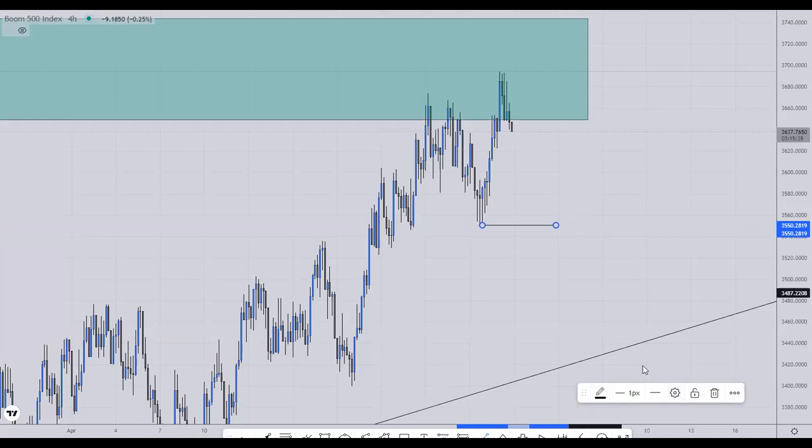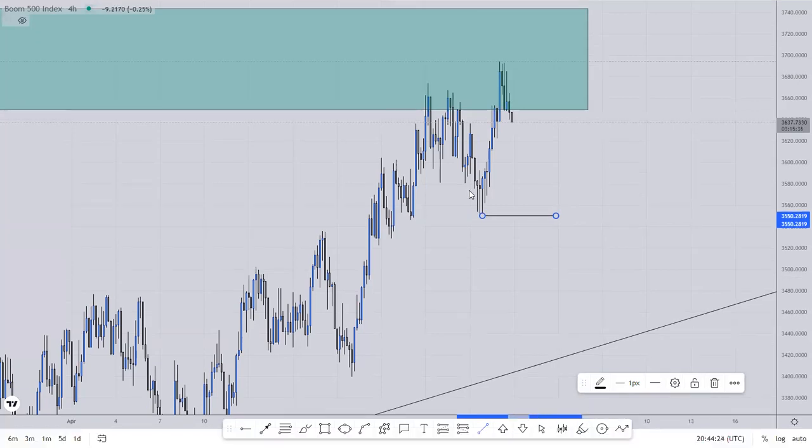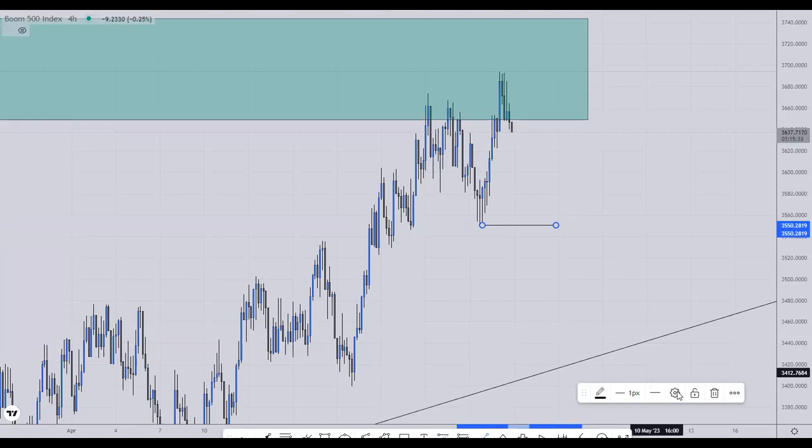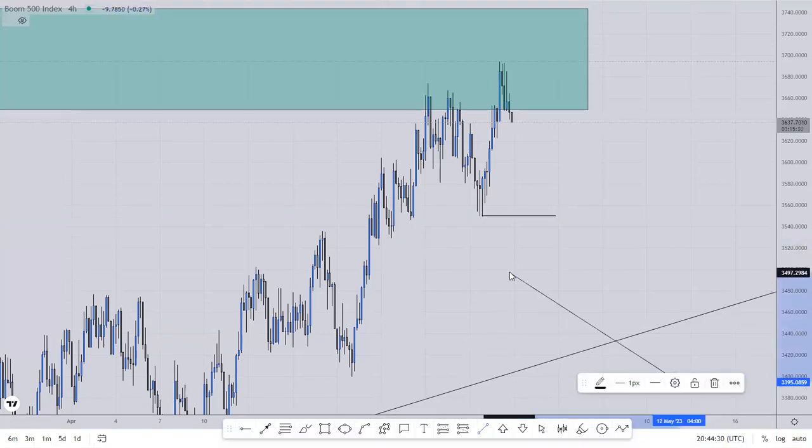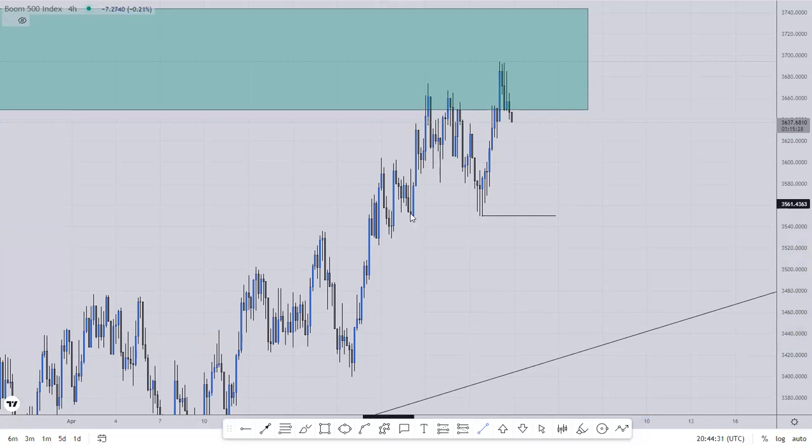Right, so this will be my first target because this is a higher low. So long as a higher low is not broken, the market can still continue to push up. That's the danger of it. For example, here, if you remember, last week we took sells on Boom 500. According to our signals, I actually gave a sell signal. How did I get that sell signal?